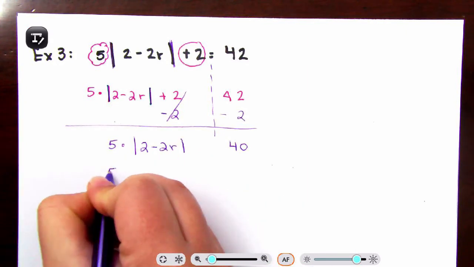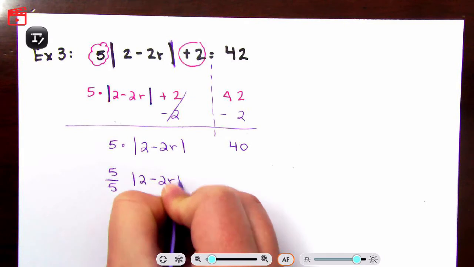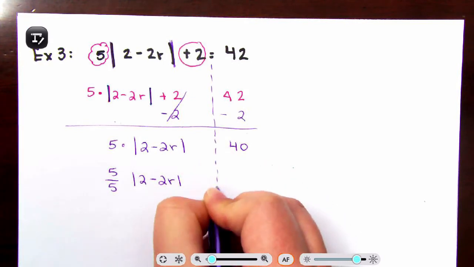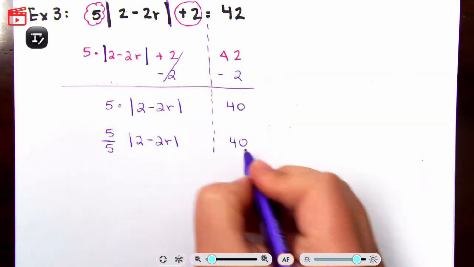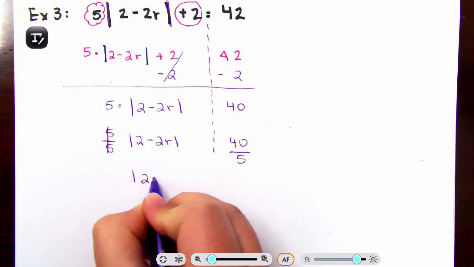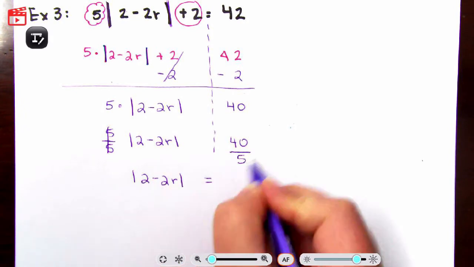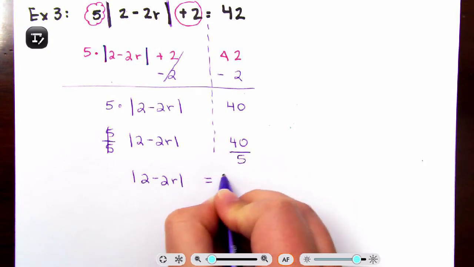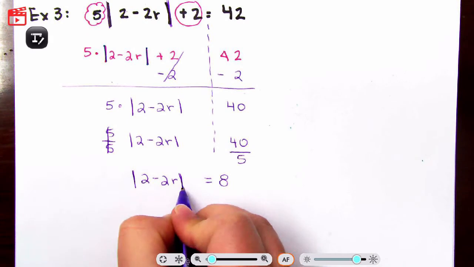Now I'm going to divide by 5, keeping the 2 minus 2r in the absolute value. I'm going to bring down my little dotted line there to separate my equation. And I'm going to divide by 5 here as well. So I'm left over with the absolute value of 2 minus 2r, which is equal to 40 divided by 5, which is 8. Now, my absolute value has been isolated.